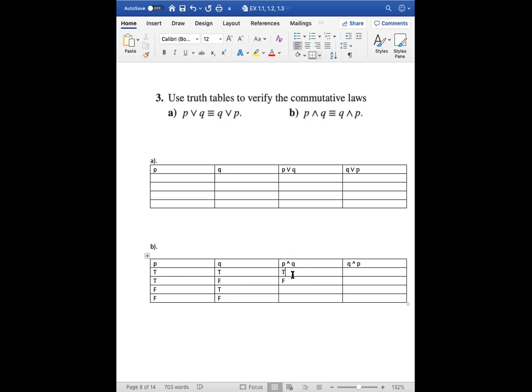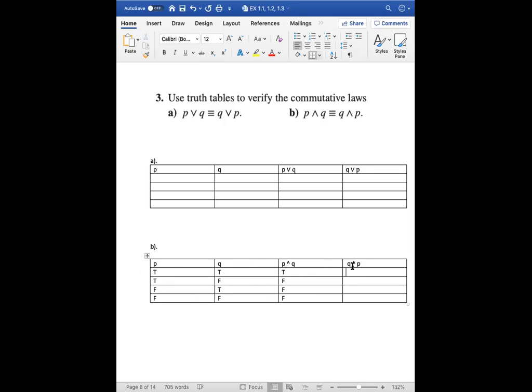So true and true is going to be true. True and false is going to be false. False and true is going to be false. And then this is false as well.